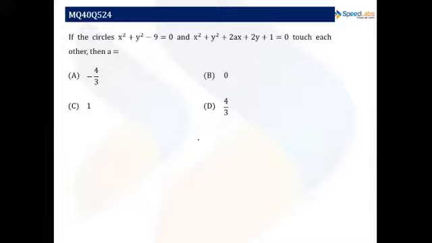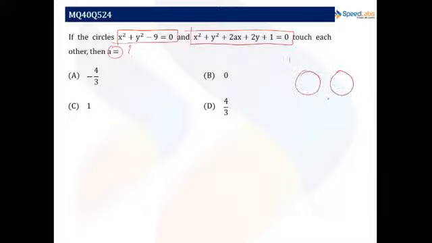If the circle x square plus y square minus 9 equals to 0 and x square plus y square plus 2x plus 2y plus 1 equals to 0 touch each other, then we need to find the value of A. See, for the circles having this concept, either the two circles do not touch or do not meet.